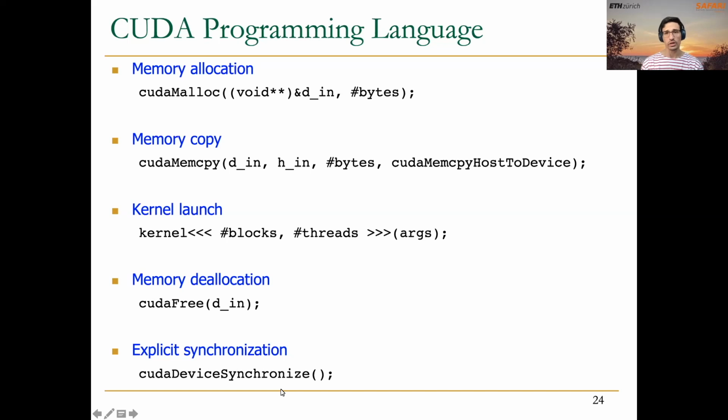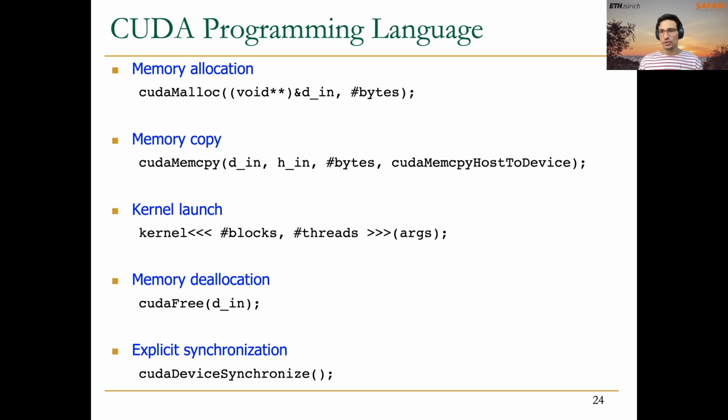And this is important because whenever a CPU thread launches a kernel to execute on the GPU, this execution is asynchronous. That means that after launching the kernel, the CPU thread is free and can continue doing other operations, or it could simply wait.